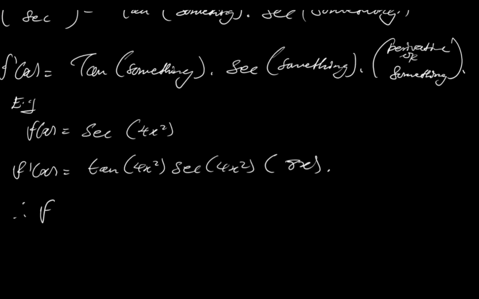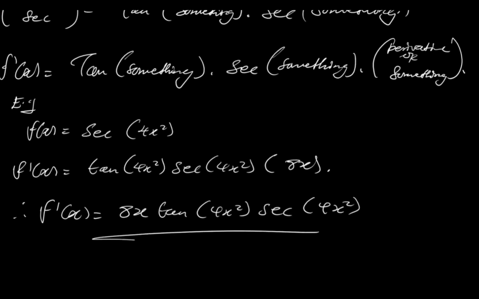Therefore, f prime of x will be equal to 8x tan of 4x squared sec of 4x squared. And this is the final answer. Alright, let's move on.